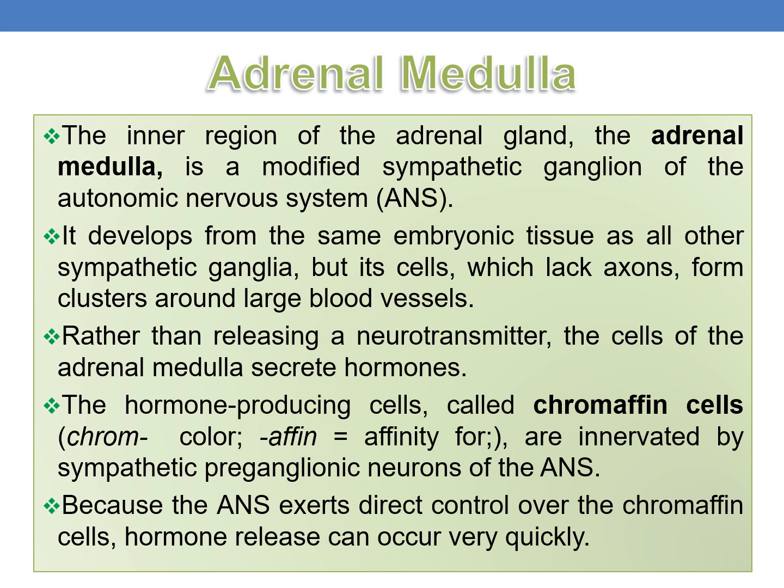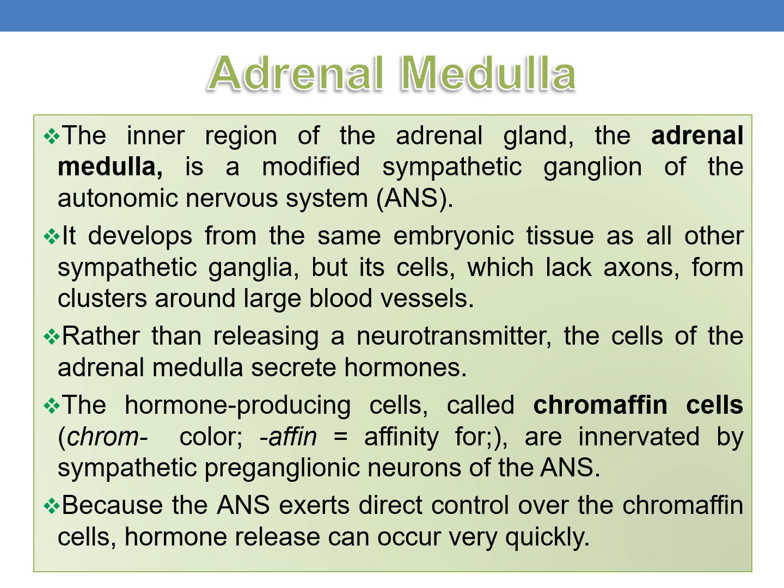Next, coming to adrenal medulla. The inner region of the adrenal gland, the adrenal medulla, is a modified sympathetic ganglion of the autonomic nervous system. It develops from the same embryonic tissue as all other sympathetic ganglia, but its cells, which lack axons, form clusters around large blood vessels.